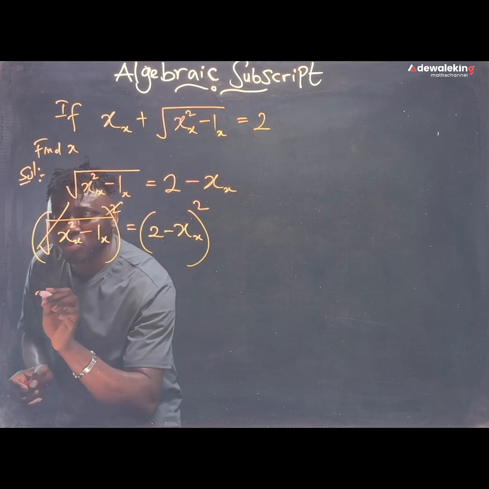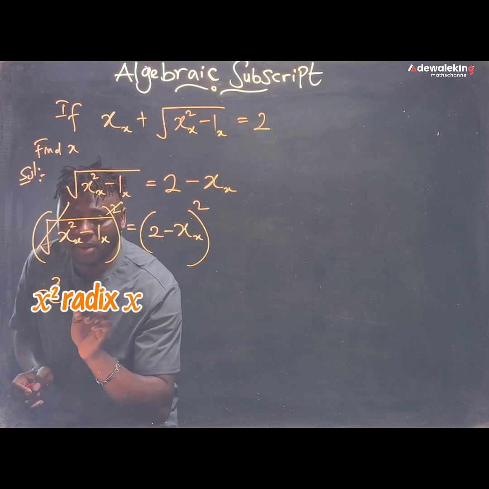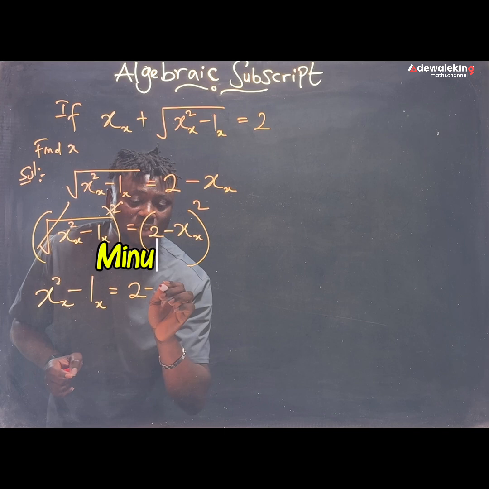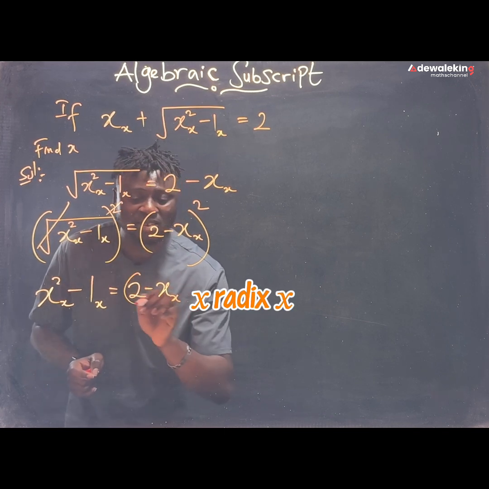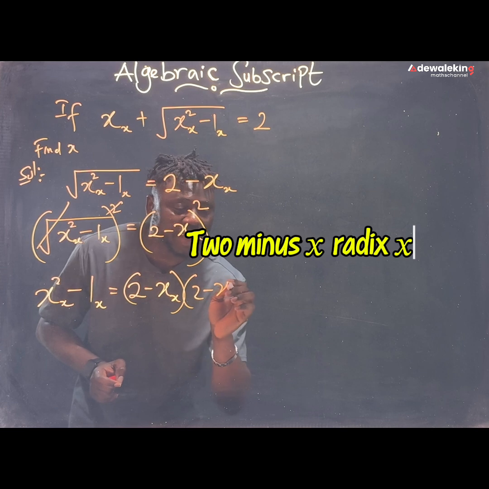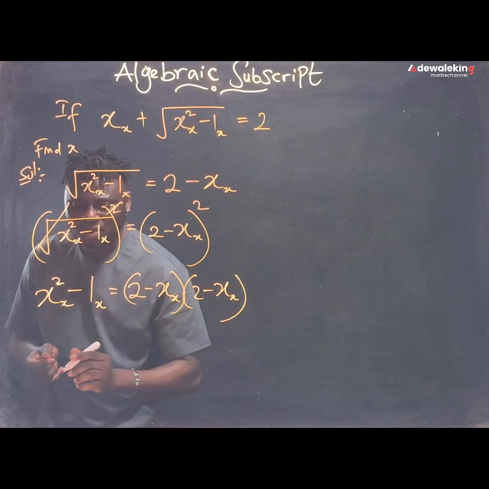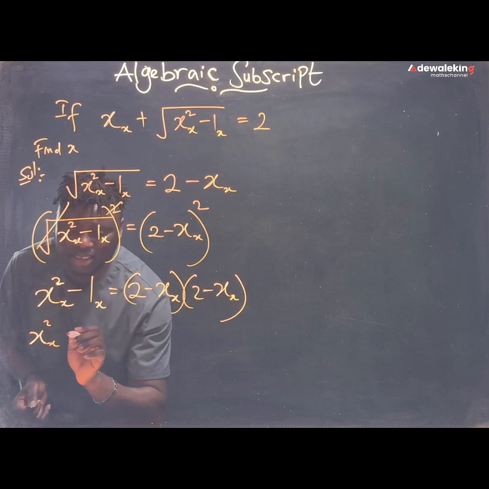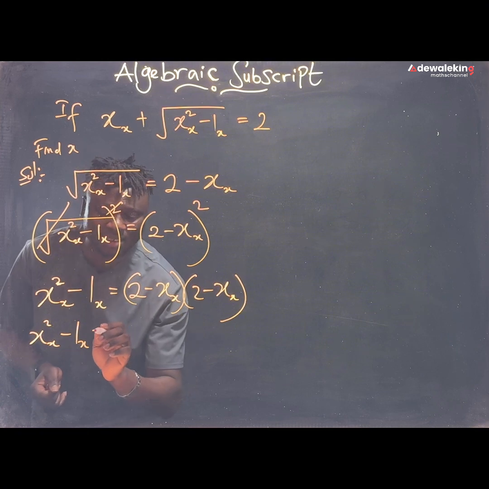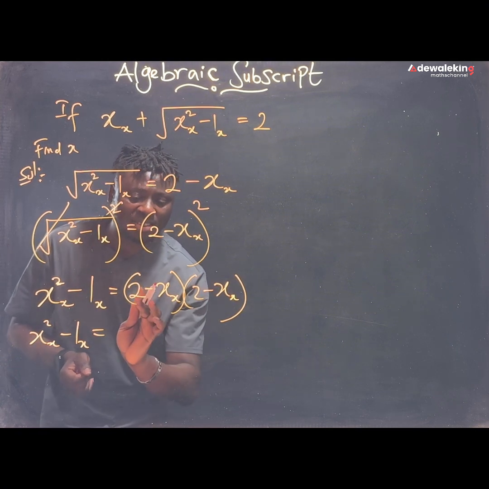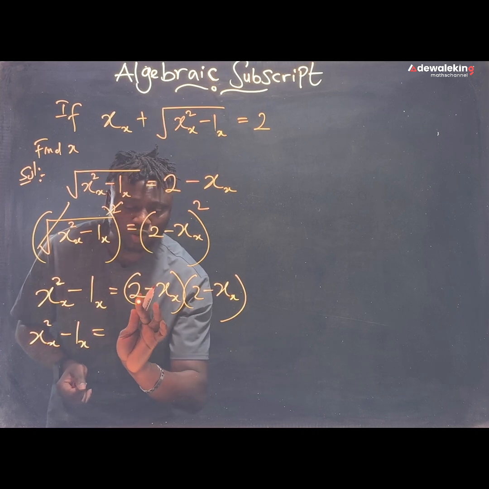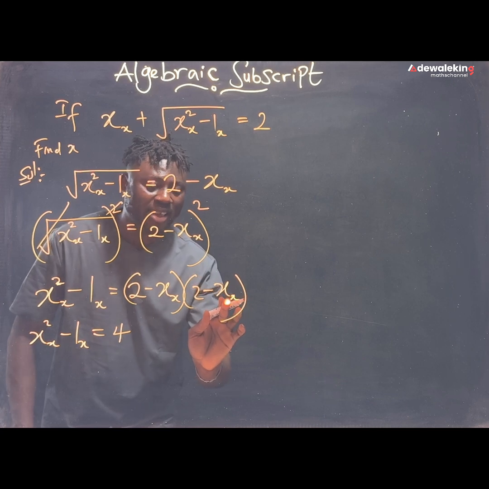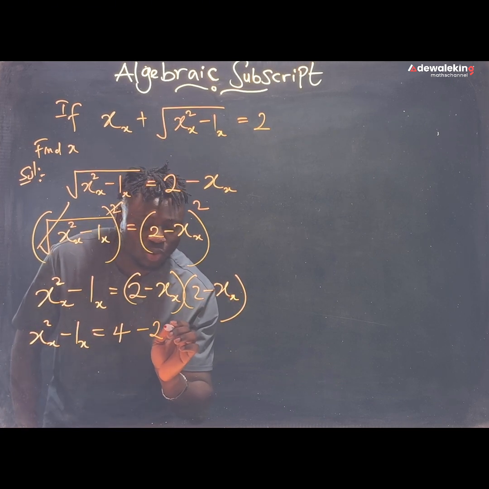This will cancel this. So this will be x squared minus 1 minus x equal to 2 minus x minus x, 2 minus x minus x. From here, we can say this is x squared minus 1 minus x, which is equal to, if you multiply this with this, 2 times 2 to be 4, and 2 times minus x will give us minus 2x.